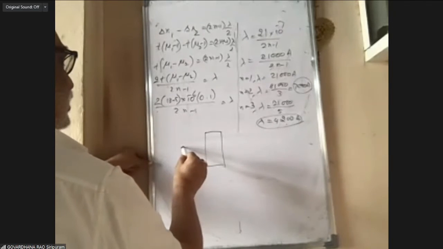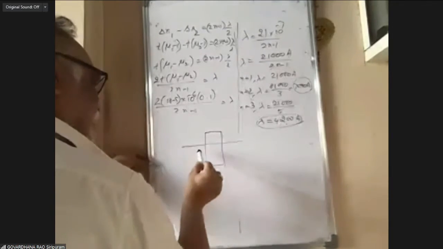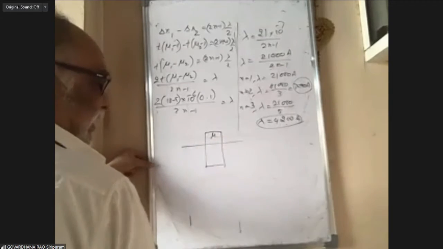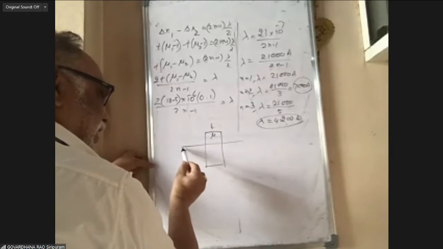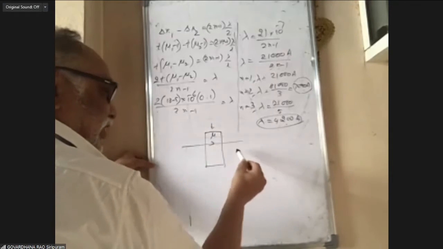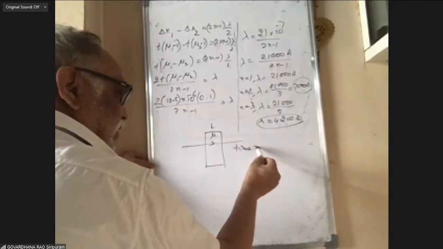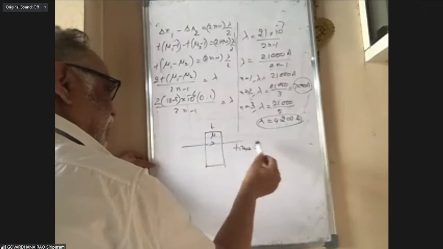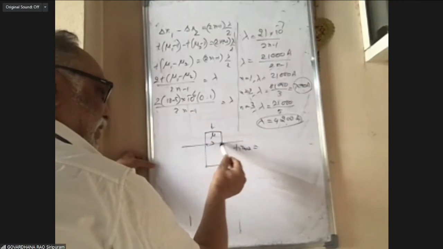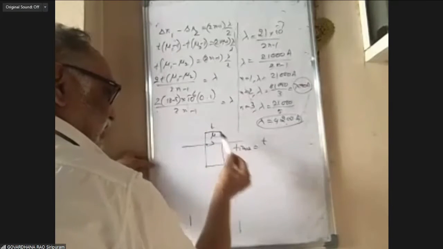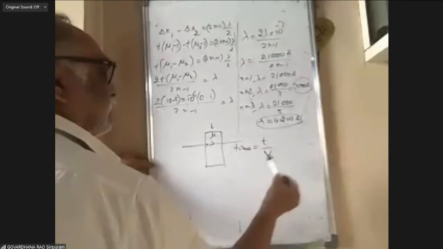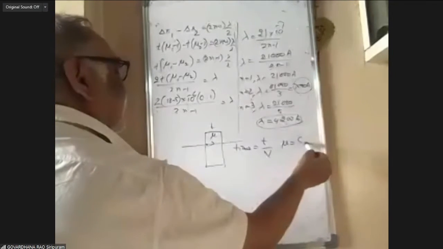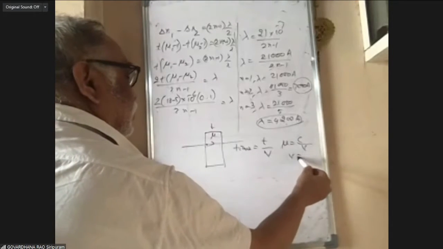So when a light ray is passing through the mica sheet, which is of refractive index mu, there is a certain time taken by light to travel through the mica sheet. The time is equal to the distance traveled by the light in the mica sheet, t, the thickness, divided by the velocity of light in the mica. You know mu equals c by v, and v equals c by mu.